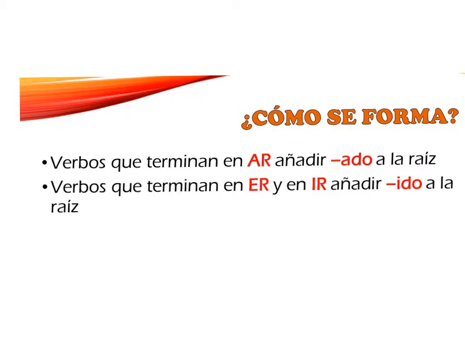How do we form the past participle, el participio pasado? Okay, what we do is we take a verb, and we get rid of the ending, and we add a certain particle.